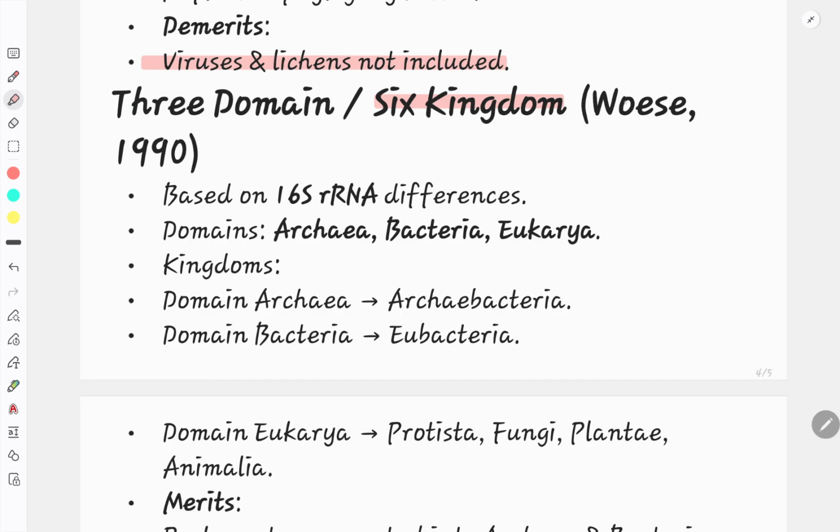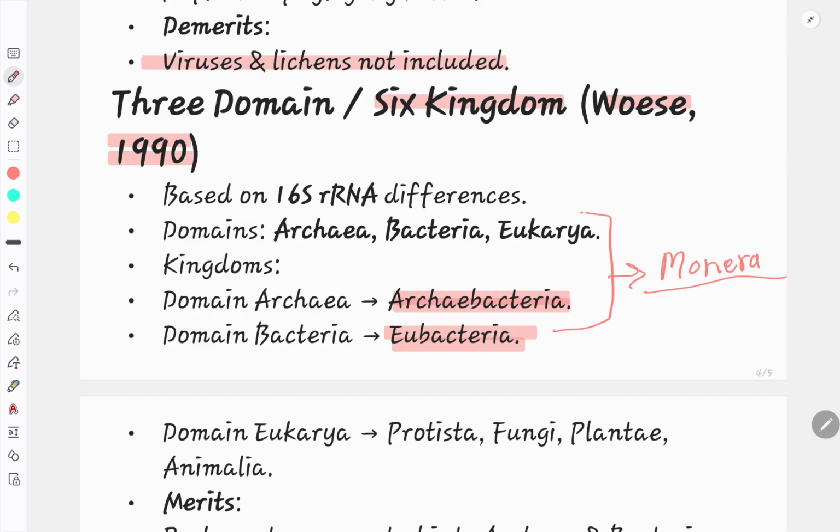The last and the latest classification is the three domain classification, or you can say six kingdom. It was given by Woese in 1990. It consists of three domains. Domain 1 is Archaea, or you can say archaebacteria. Domain 2 is Eubacteria. Both of these were present in Monera in the earlier classification.